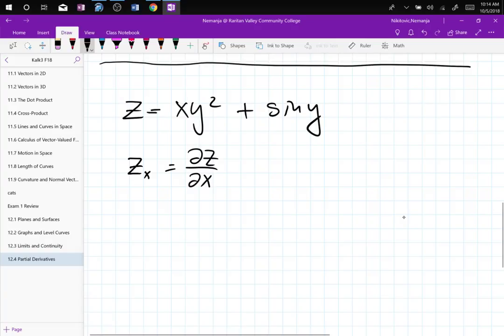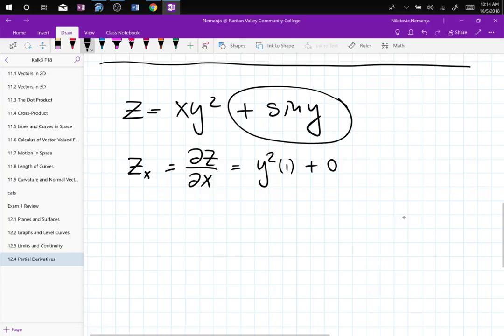So for the partial derivative in respect to x, hold y constant. So what do we have? Well, if y is a constant, then that gets copied, and the derivative of x is 1. And then if y is constant, then sine of y is constant, and its derivative is 0.